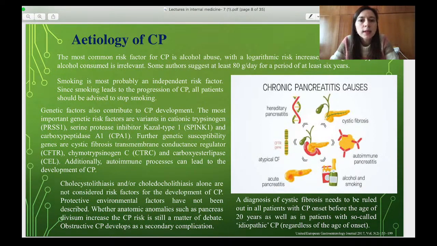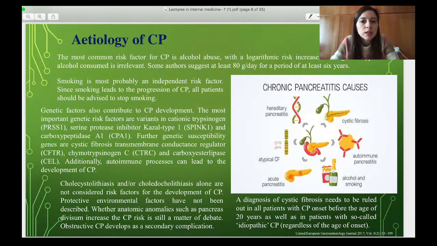Smoking is most probably an independent risk factor, since smoking leads to the progression of chronic pancreatitis, and all patients should be advised to stop smoking. Genetic factors also contribute to pancreatitis development. The most important genetic risk factors are variants in cationic trypsinogen, serine protease inhibitor Kazal type 1, and carboxypeptidase A1.